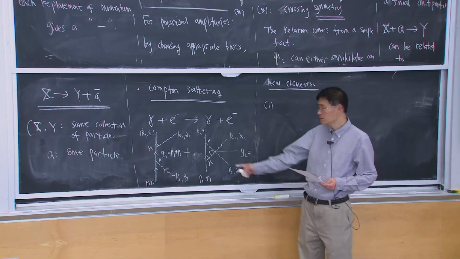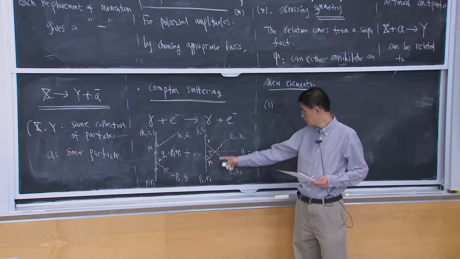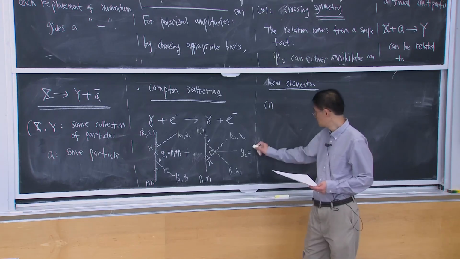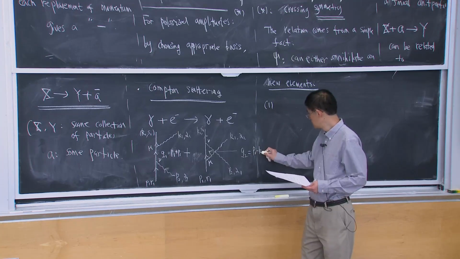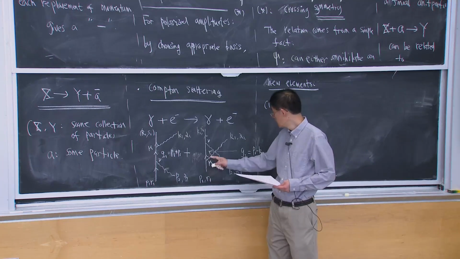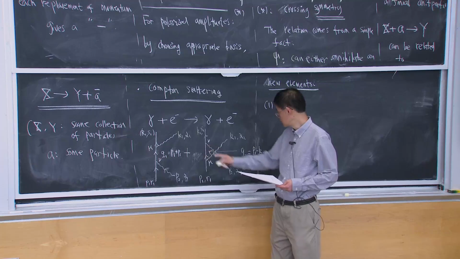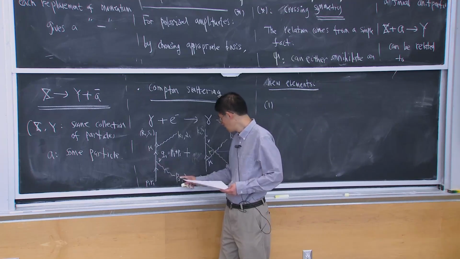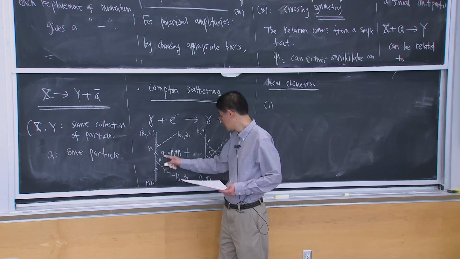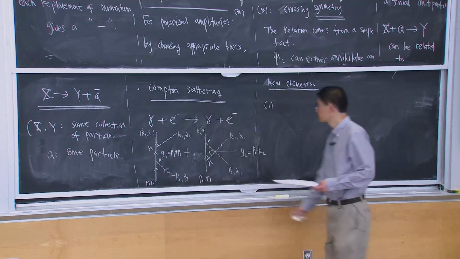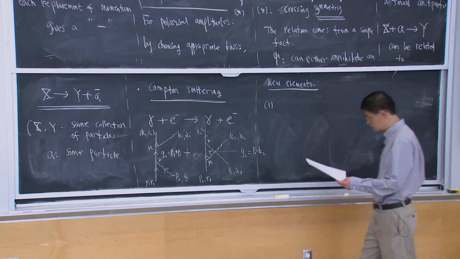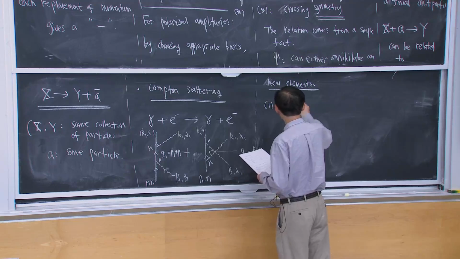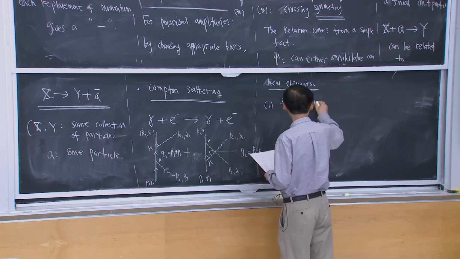Can you read the momentum of this intermediate line from the diagram? Yeah, it's P1 minus K2, because you have P1 come in, and then K2 come out, so that's the momentum. Okay. So in this one, you have P1, and then you have P2 come in, and this is P1 plus P2. Okay, so the new element is that now we have a fermionic propagator as an intermediate state.